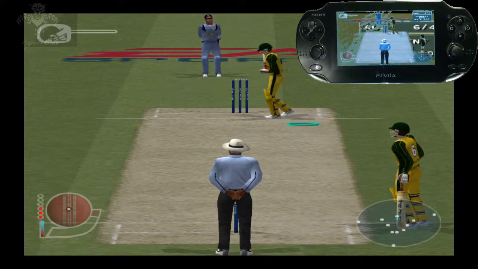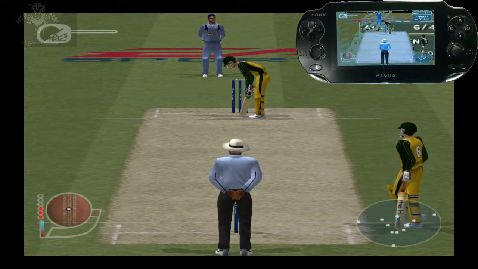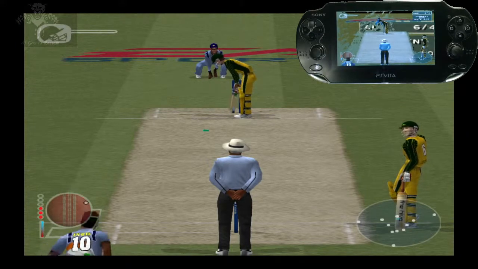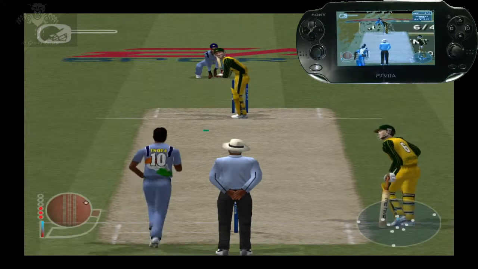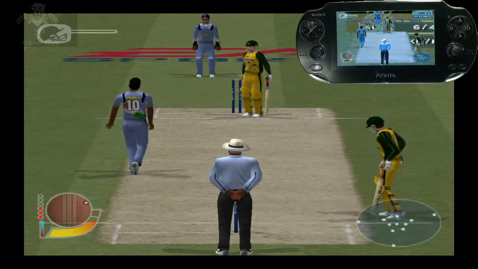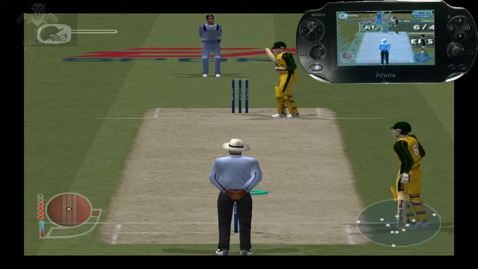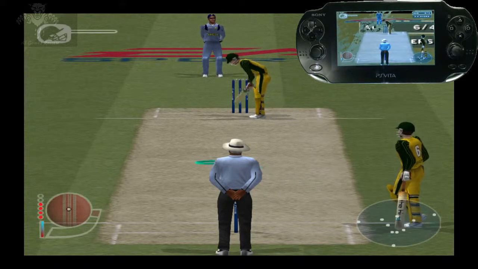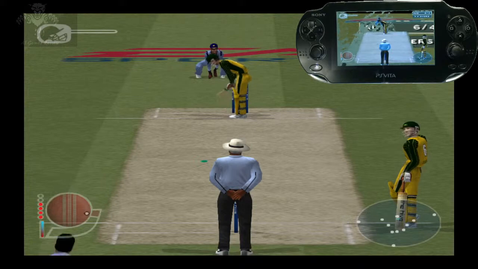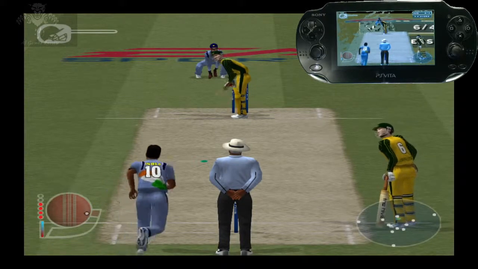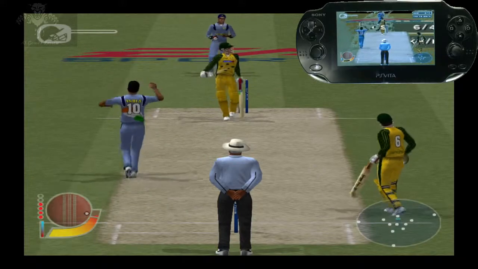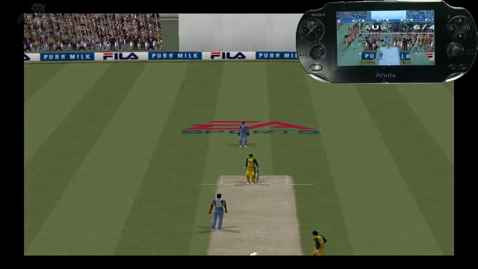Balaji, the batsman in trouble with that one. Martin waiting at the striker's end. That's been given as a wide.